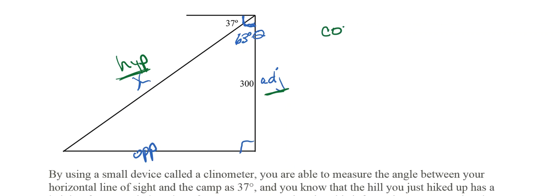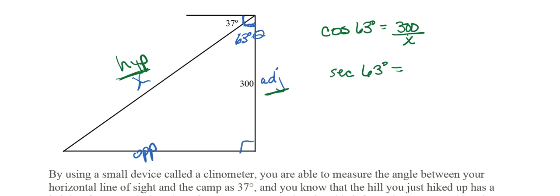So let's think about cosine here. Cosine of 63 degrees is, cosine is adjacent over hypotenuse. Now this one's different. Before I've always had my variable on the top. I don't have that in this case. So really what I'm going to need to do is think about reciprocals. Cosine's reciprocal is secant.